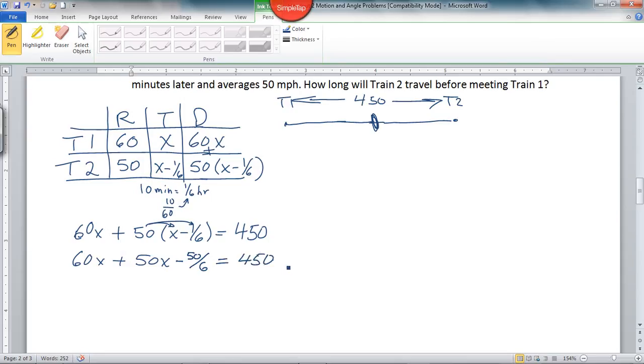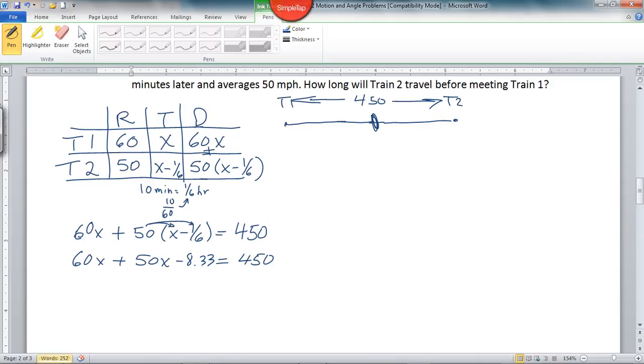Let's see what 50 over 6 is as a decimal. 8.33. Let's just go ahead and go with 8.33. 50 times 1/6 is 8.33.